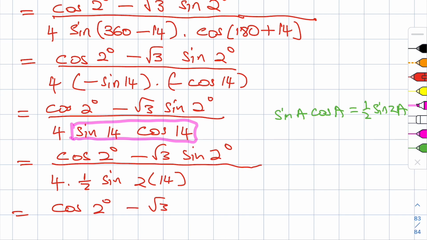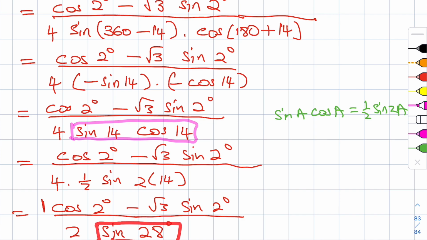Square root of 3 sine 2 degrees all divided by 4 times the half will give us a 2, and then that will be sine 28 degrees.